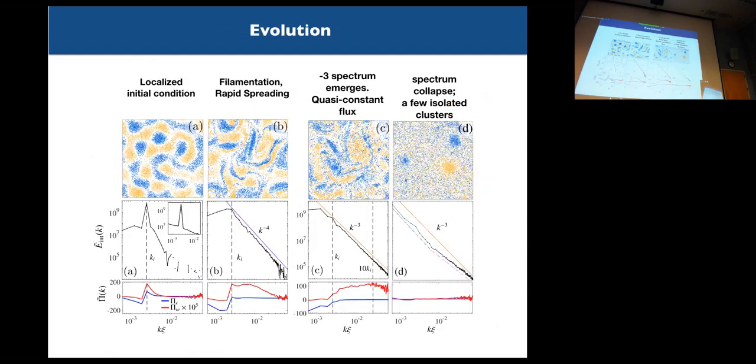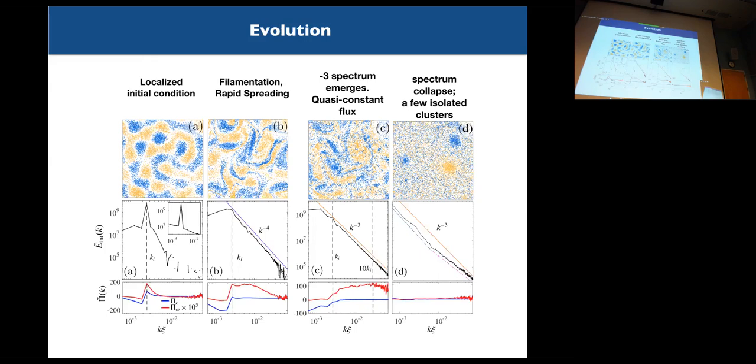So that was the general picture we saw, starting from this idealized initial condition. Then you get this filamentation of the vorticity field starting, and there was actually a transient regime where we saw this -4 scaling that was predicted by Saffman.